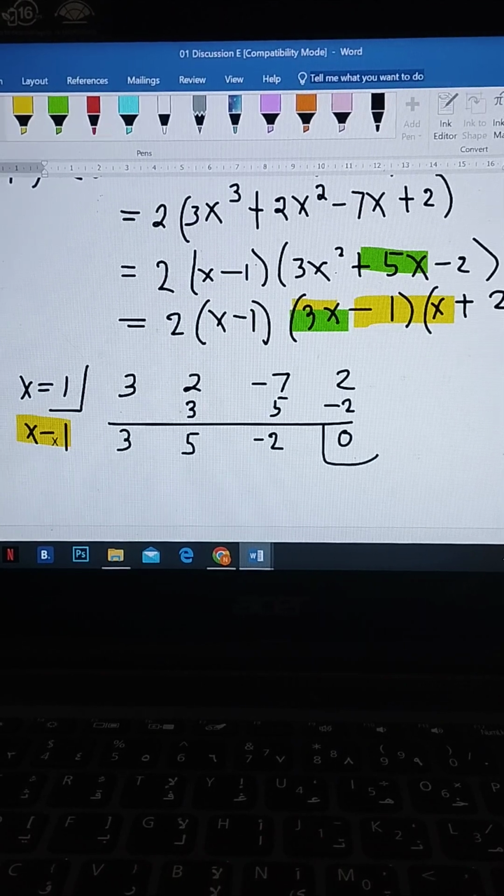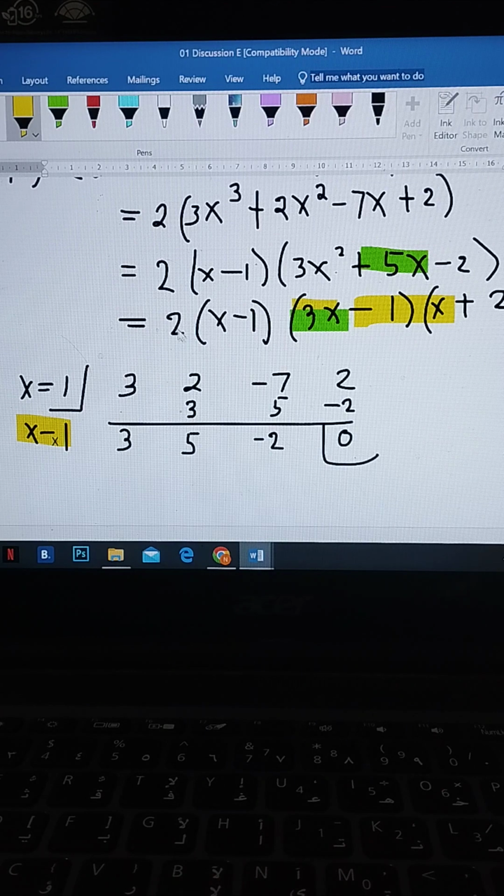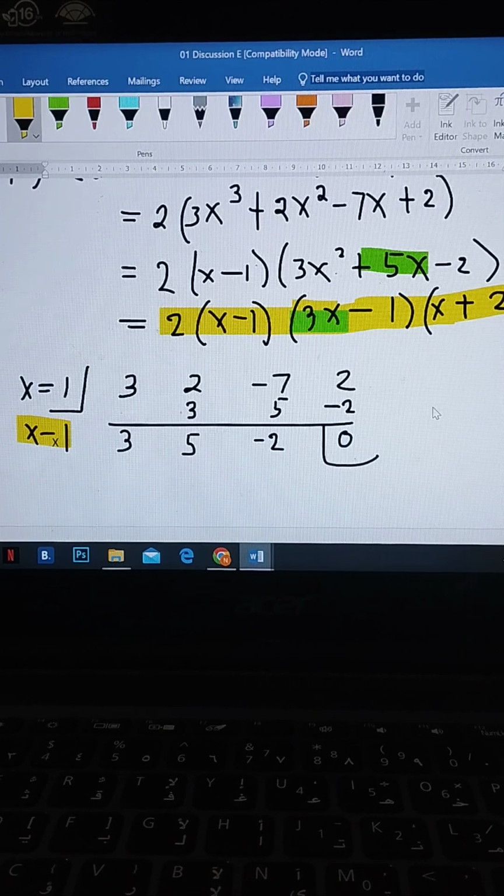Okay, so the complete factorization of the polynomial is simply 2 times x minus 1 times 3x minus 1 times x plus 2.